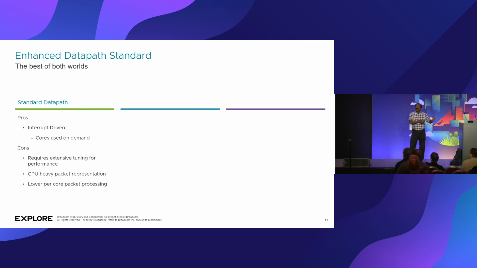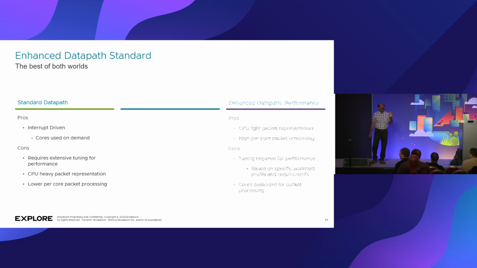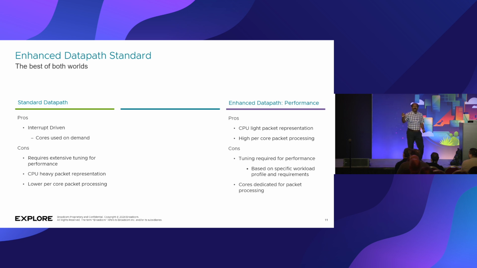But because we are not able to use that data path for workloads that are really packet centric, like the telcos that the gentleman here was talking about, we came up with enhanced data path performance mode. This was designed for telcos, but the caveat here is you need to define how many cores you want to allocate for the packet processing.